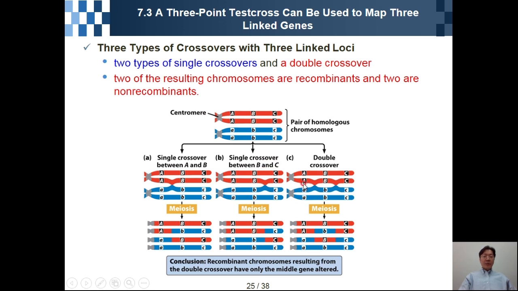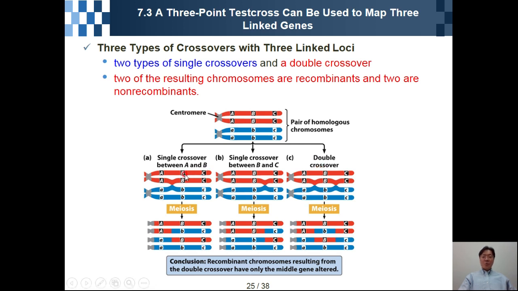Or a single crossover happens between A and B, and in addition a single crossover happens between B and C, so a double crossover happens. So there are two types of single crossover, and also another type, the double crossover.